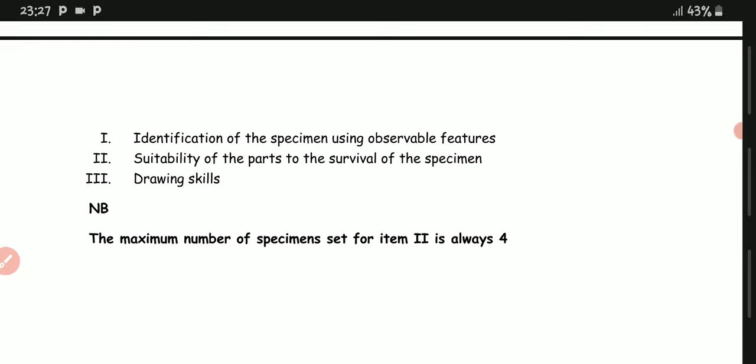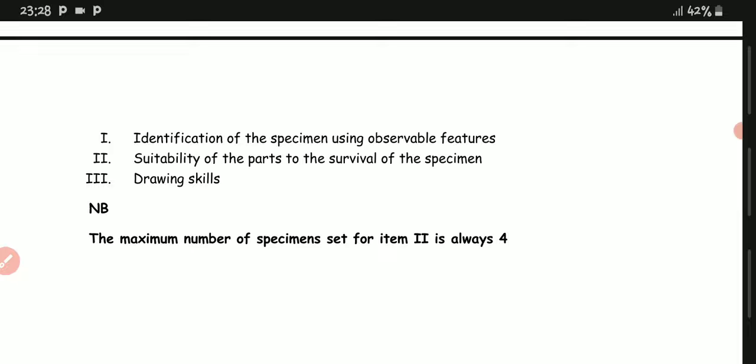Then D stands for the drawing. Now, when we are drawing, please draw what you see. Don't draw what you think or what you can imagine that you are drawing. Please draw what they have given you. Draw what you see. Don't imagine. Then we have L. L stands for labeling. Now, when you are labeling, please use a ruler to draw the label line.